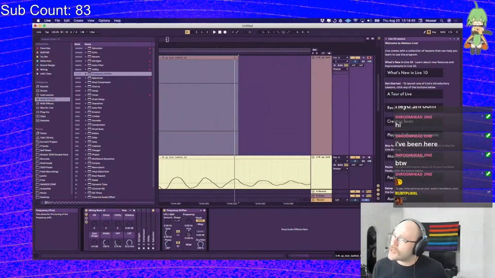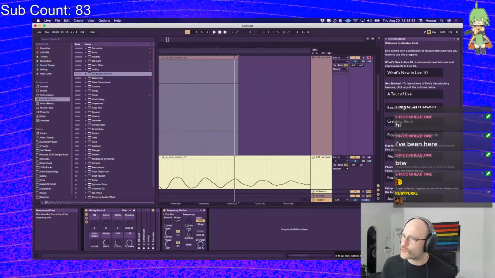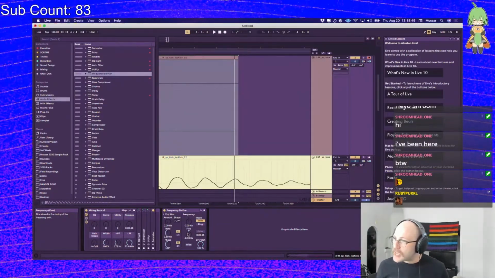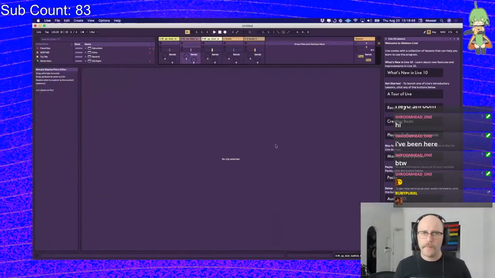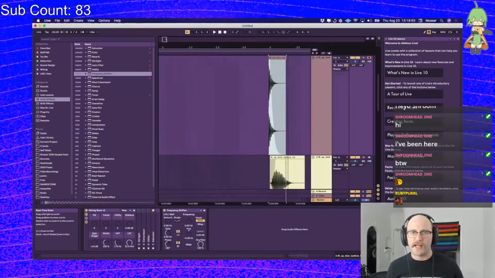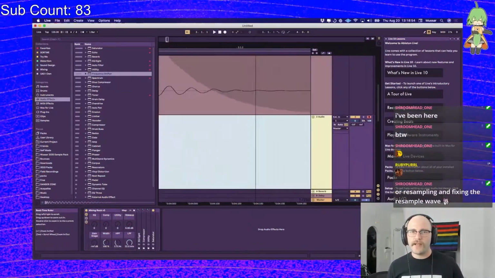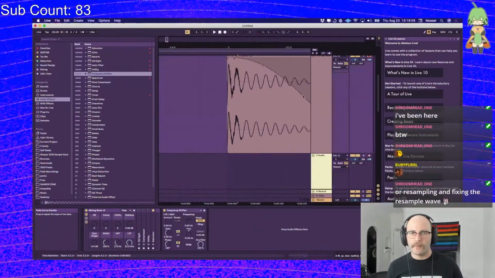This is why people say you should, at the very least, try to tune your drums to the key of your track. Another common example of this is like you have a kick drum and you're layering in a sub bass underneath that kick drum, right?